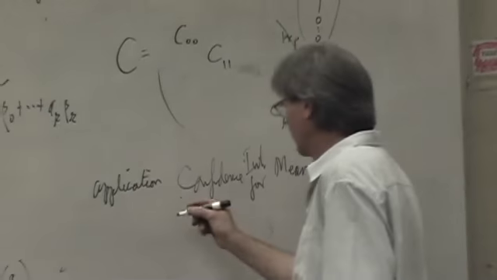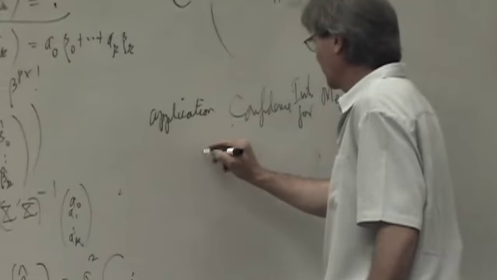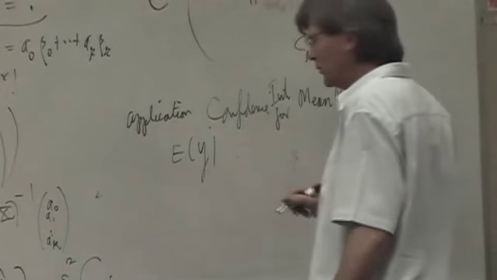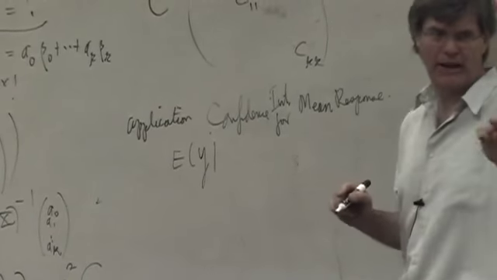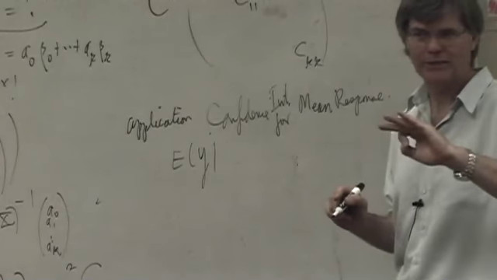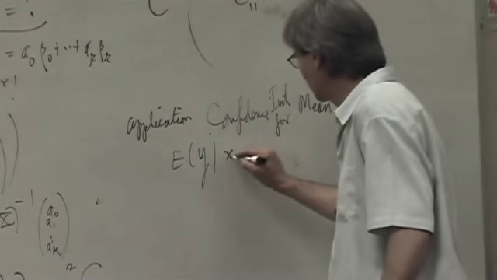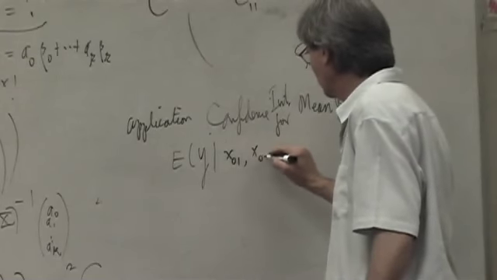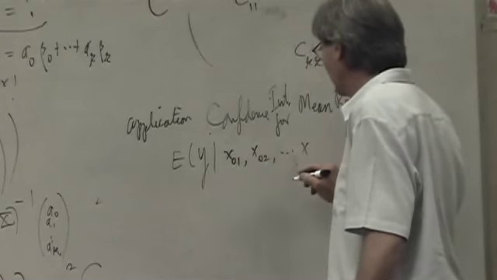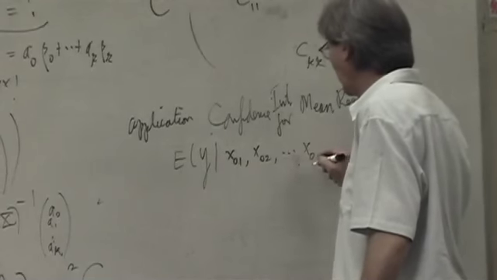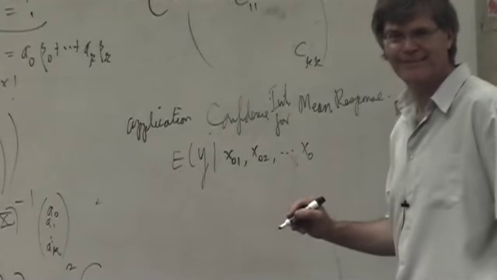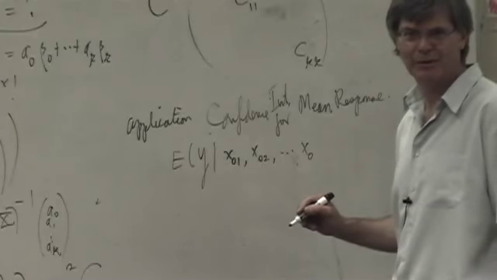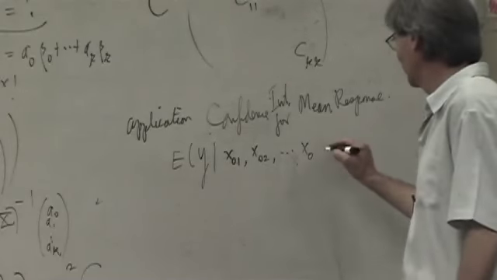What I'm going to do is take the expected value of Y given a new value of X1 through XK. So I'm going to give you a new X, and the new one is going to be X01, X02, and so on. So I'm going to give a new value, and I'm going to call it the 0th observation of the X's.